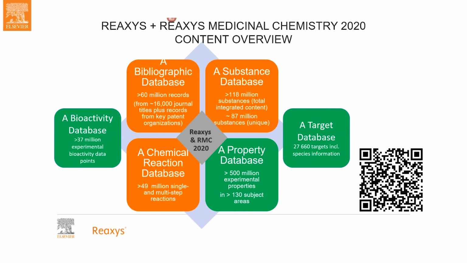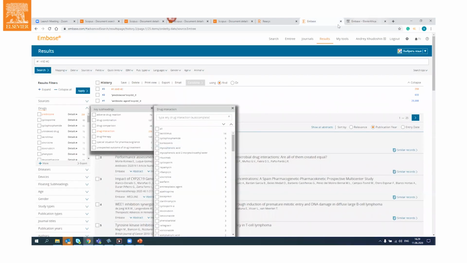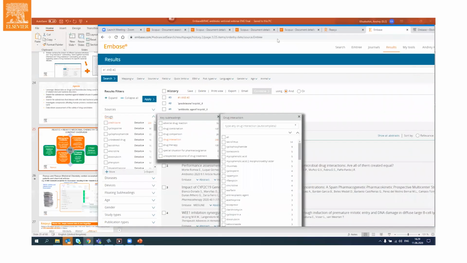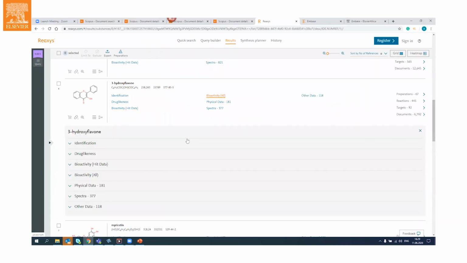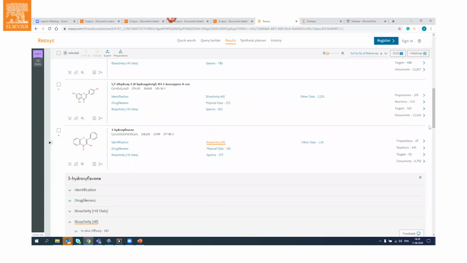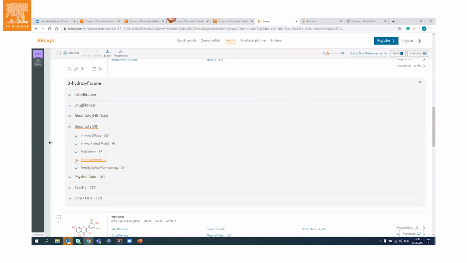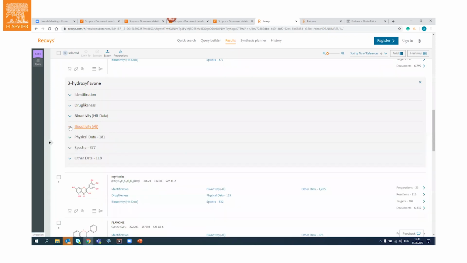It will be able to predict bioactivity, but also even right now, Reaxys covers a huge amount of types of bioactivity. For example, it covers even the pharmacokinetic data. So to access pharmacokinetic data, you just need to go to the bioactivity tab and find the pharmacokinetic data, which is experimental and excerpted from the literature.